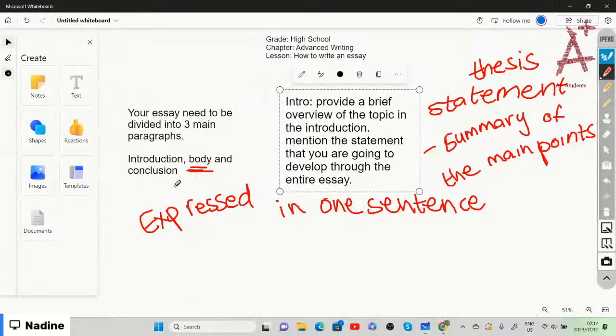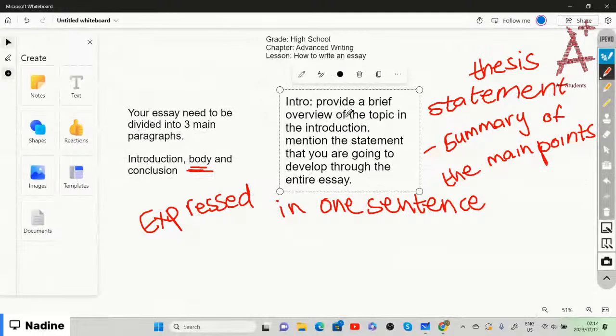And then, of course, we have our conclusion. If we need to provide a brief overview of the topic within our introduction, then within our conclusion you are now giving us a brief of what you had already mentioned. If you link that with the introduction, it is supposed to link, right?